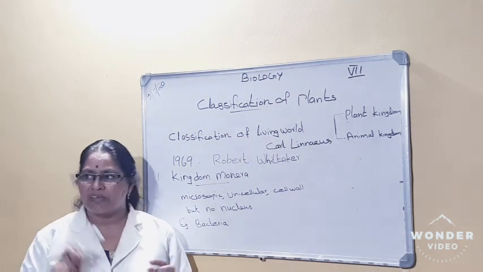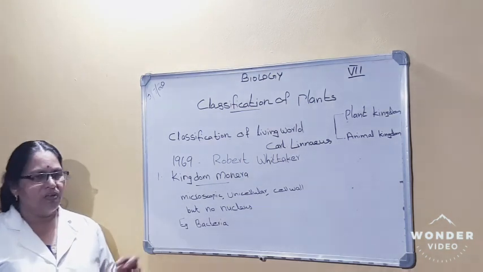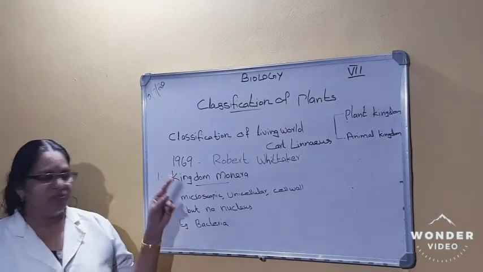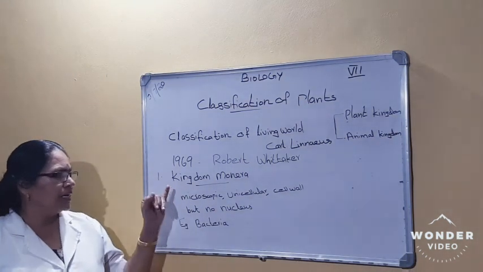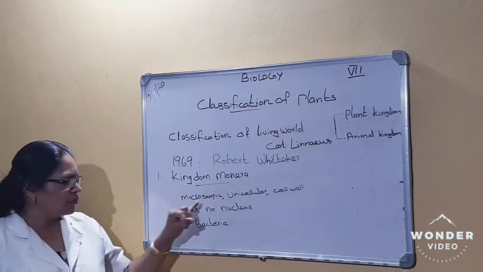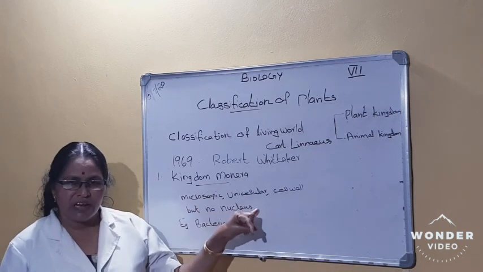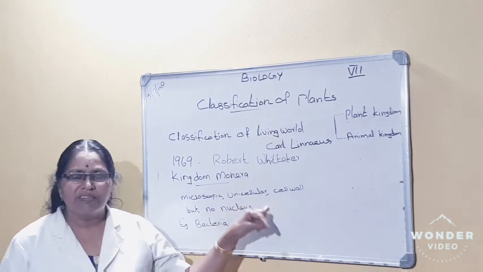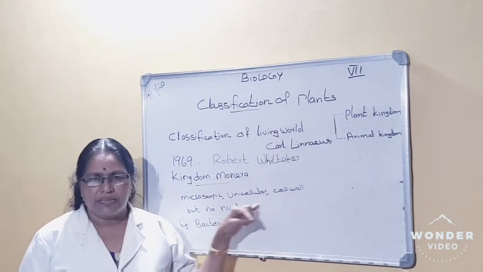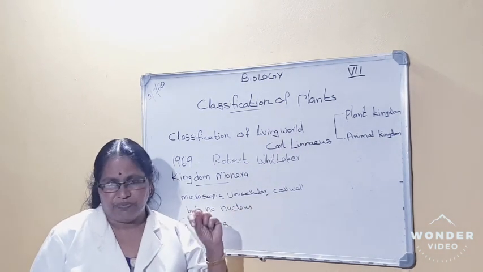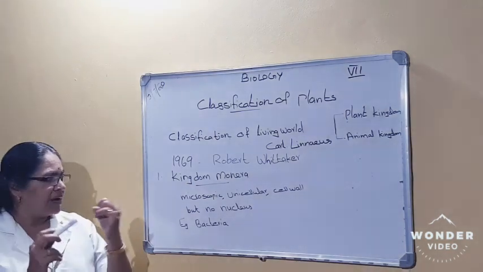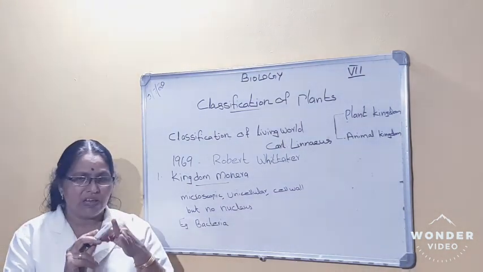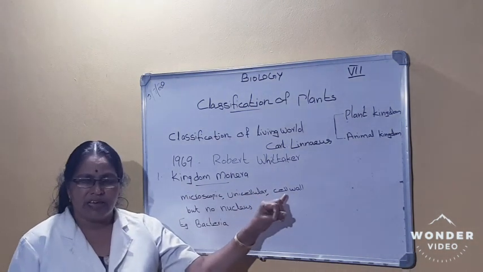Single-celled organisms are called unicellular. So, organisms which come under Kingdom Monera are microscopic, unicellular organisms with a cell wall. They have a definite cell wall. So, 3 characteristics: microscopic, unicellular and cell wall.